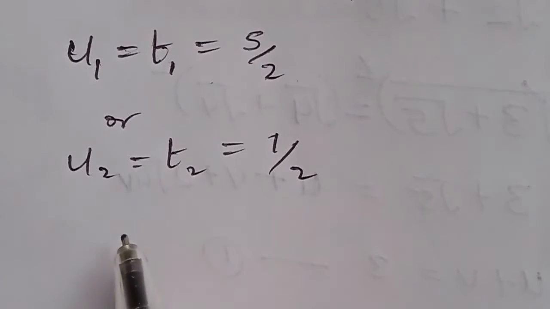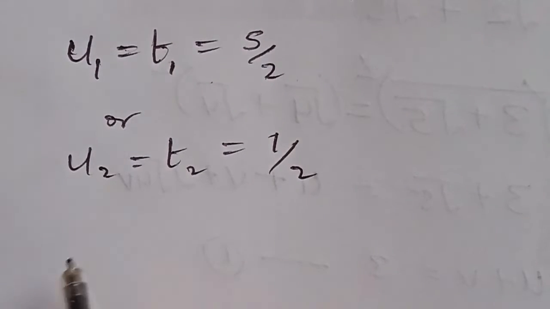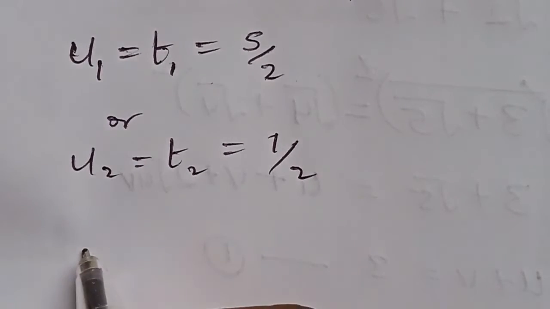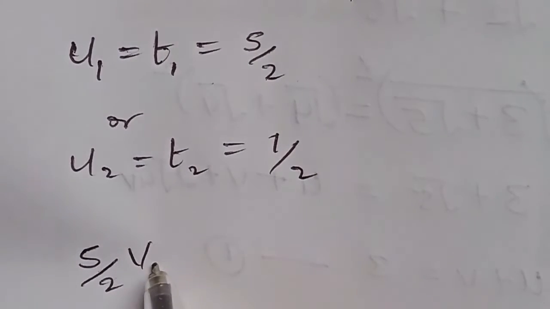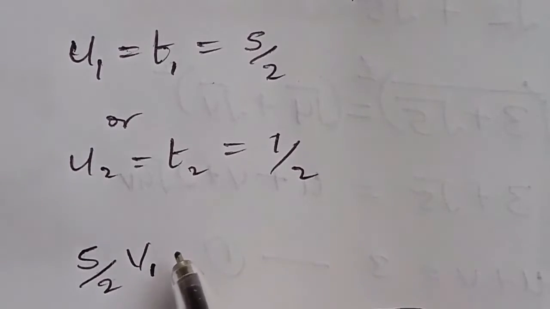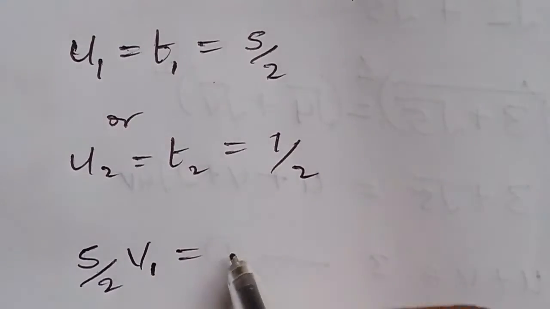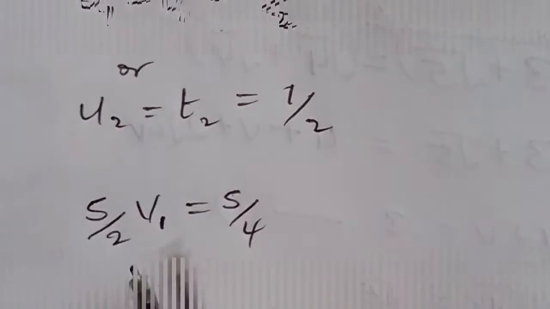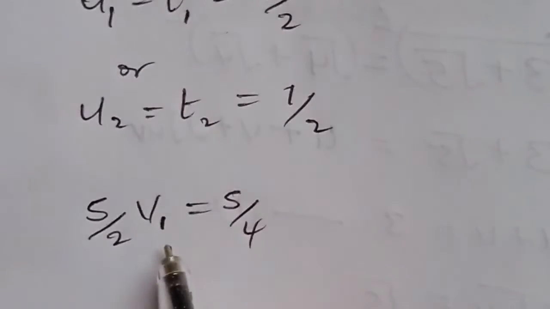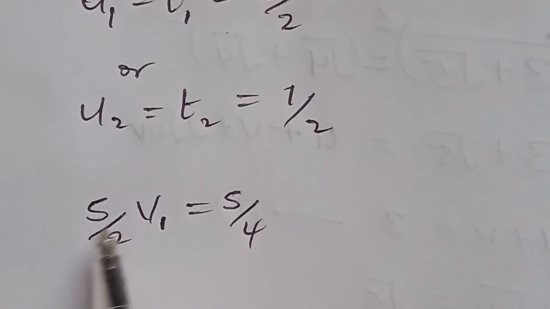Now from equation 2, if we substitute 5 over 2, this will now be v1. To get the value of v, this will be equal to 5 over 4. So we multiply in order to isolate this v. So we multiply by the reciprocal of 5 over 2.